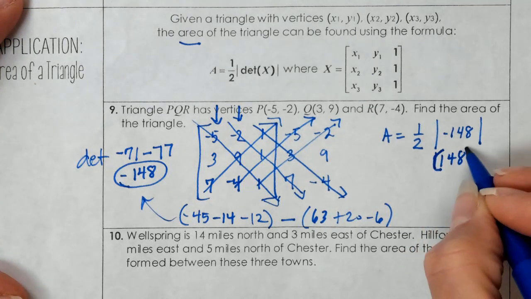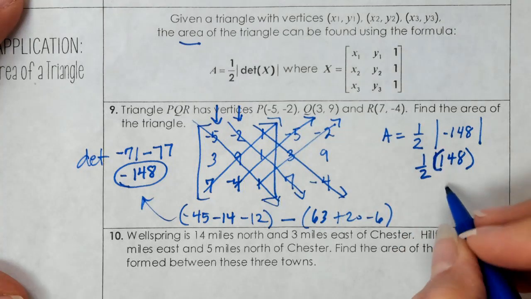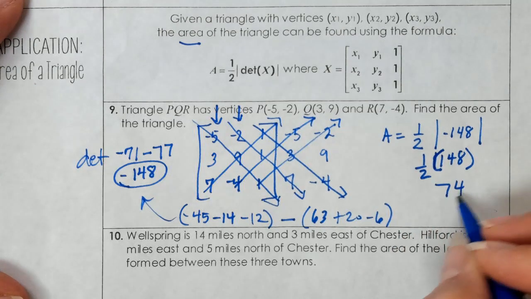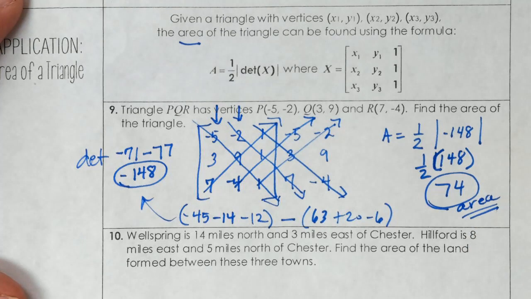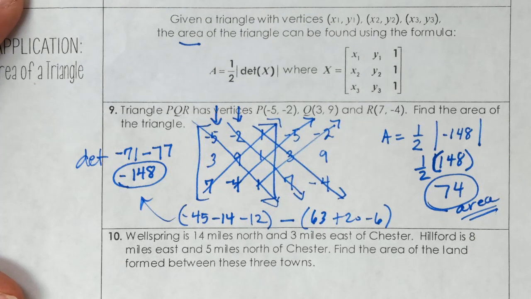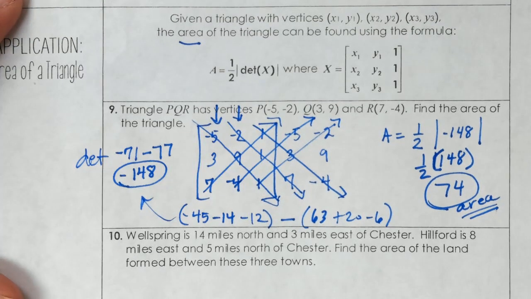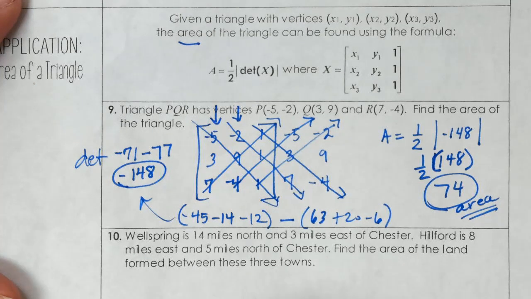And then if we half that, we get the answer is 74, and this is the area of that triangle. So this is all of number 9 finished, and I hope you were able to figure that one out on your own, just using what we knew and that formula that they gave you guys.